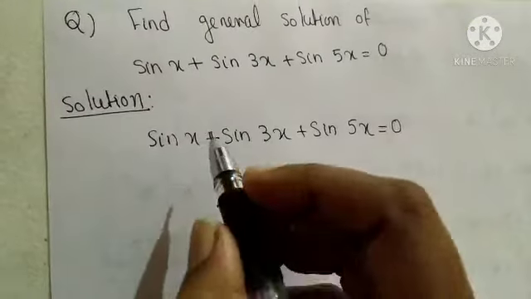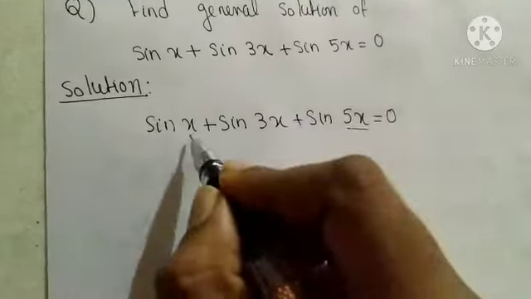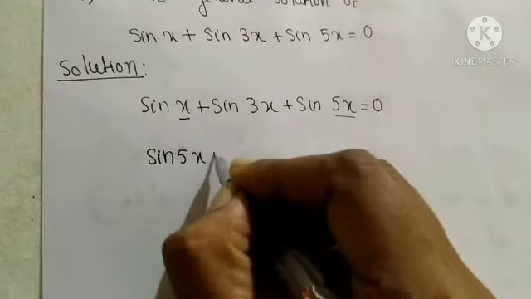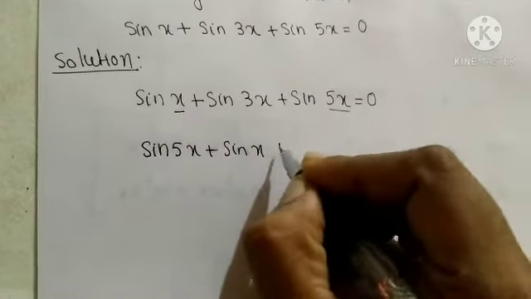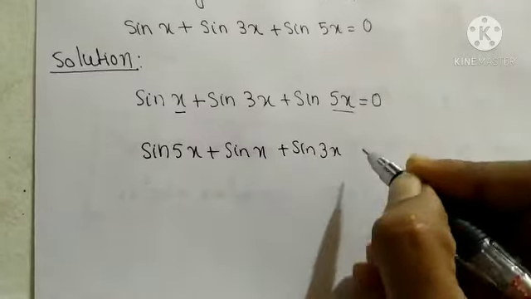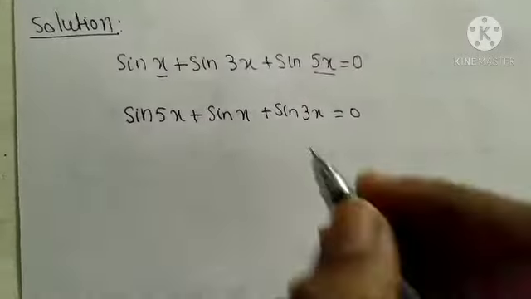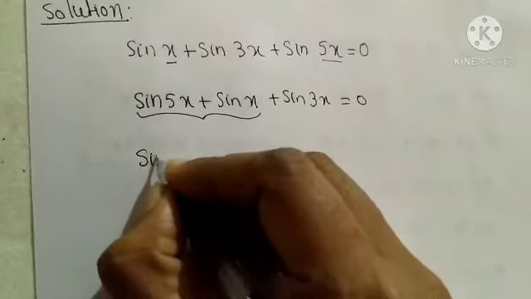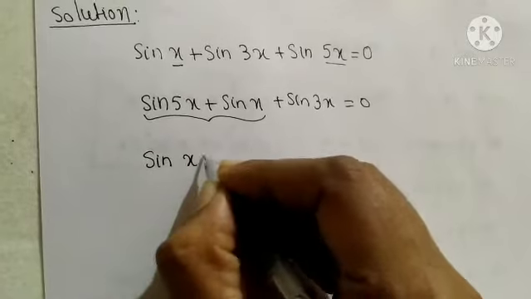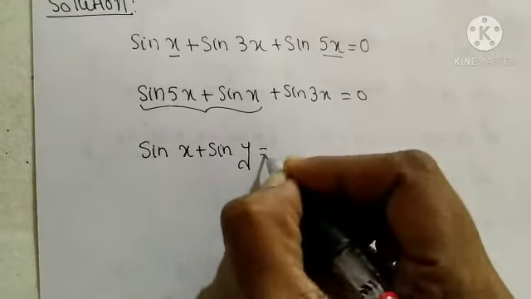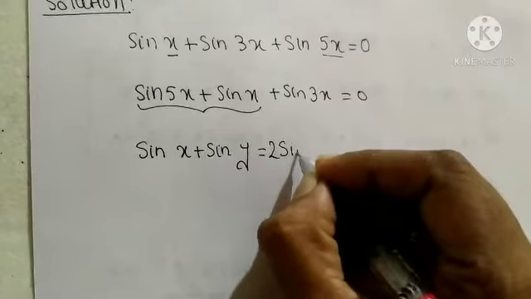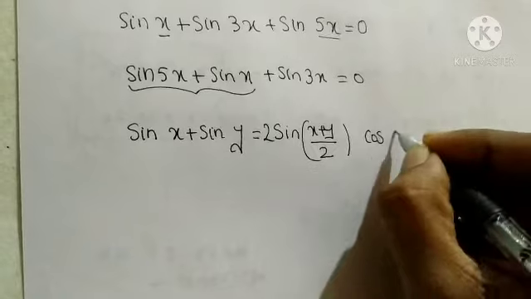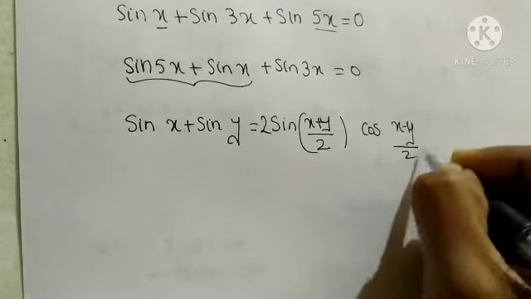Next I am going to take the highest angle and the smallest angle here. So taking sin 5x plus sin x together, and sin 3x remains the same. Let us consider these two terms. We know one of the identities: sin x plus sin y is equal to 2 sin (x plus y) by 2 into cos (x minus y) by 2.